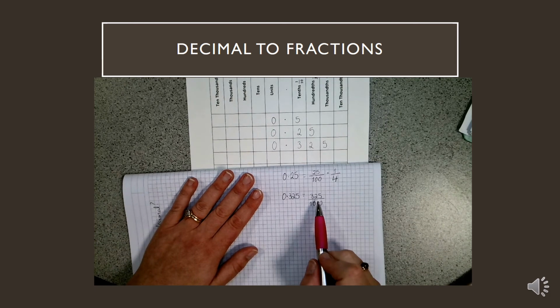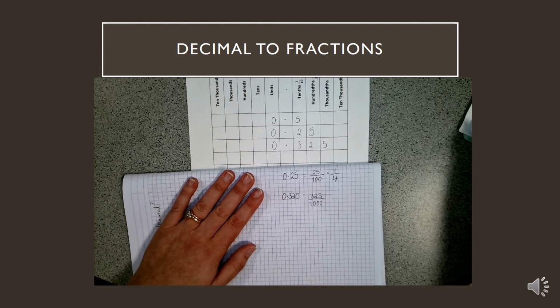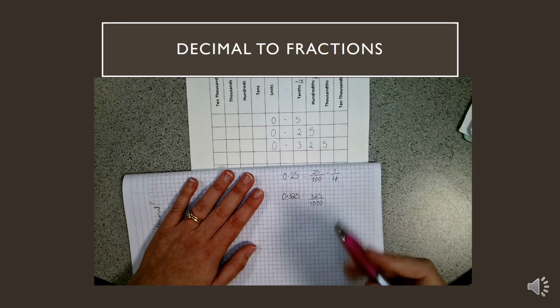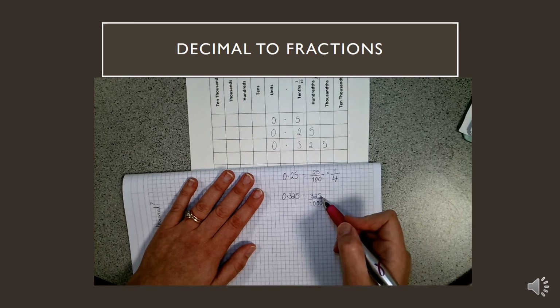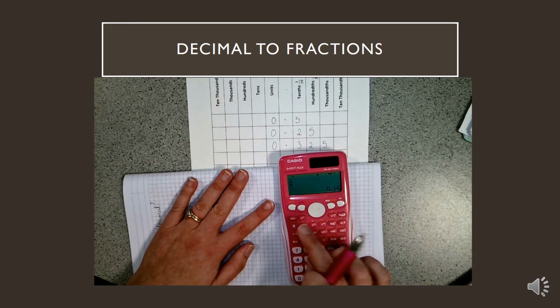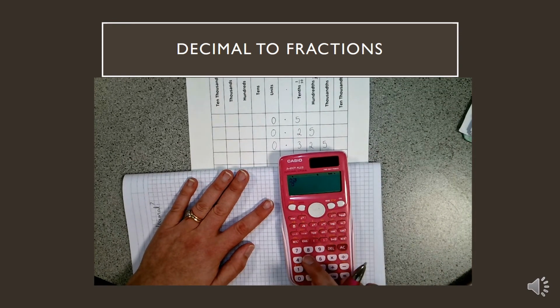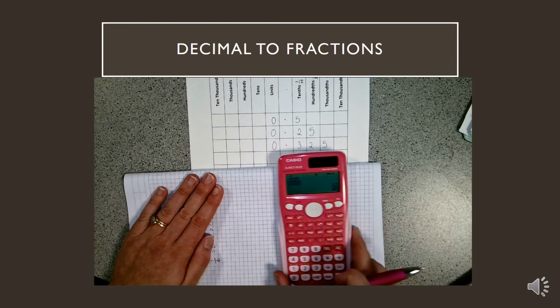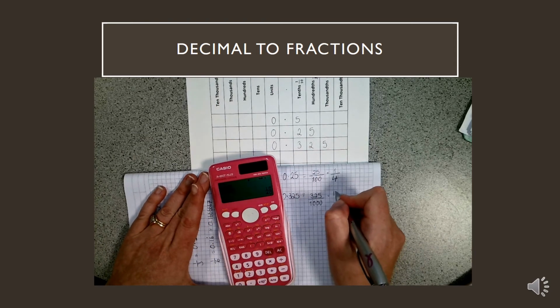Firstly I think that 25 is probably common, I can divide that into top and bottom, or another useful thing you can use your calculator for is type in 325 over 1000 and it will simplify for you. Okay, 13 over 40. It would have taken me a little while to get to that.